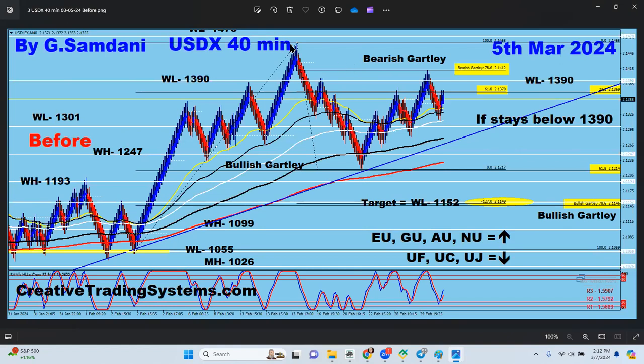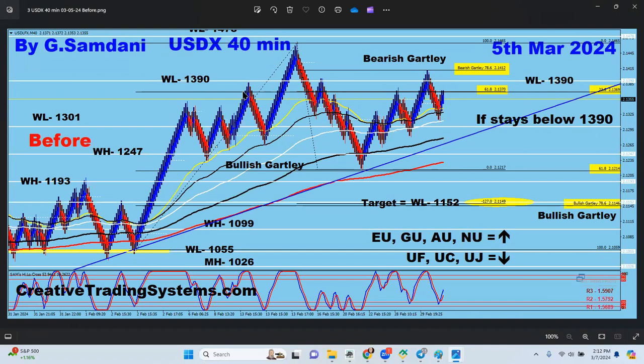In the meantime, if you look at this drop here, it went up first 61%, then dropped, then went up to 78% clean, and it is a bearish Gartley. So within this bigger bullish Gartley, we made a bearish Gartley, and that was playing out.